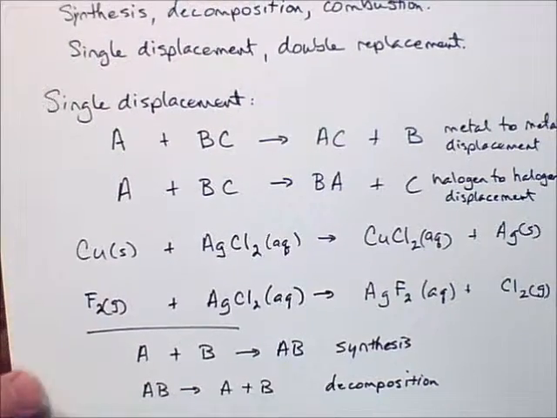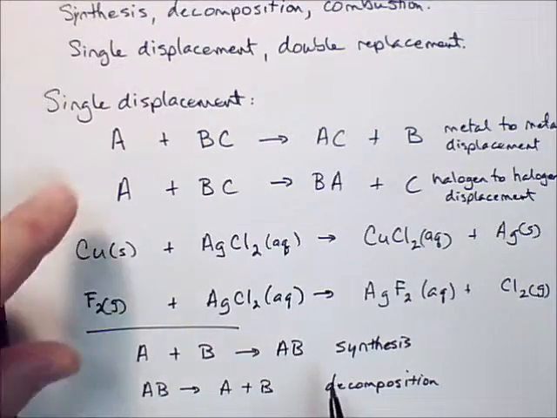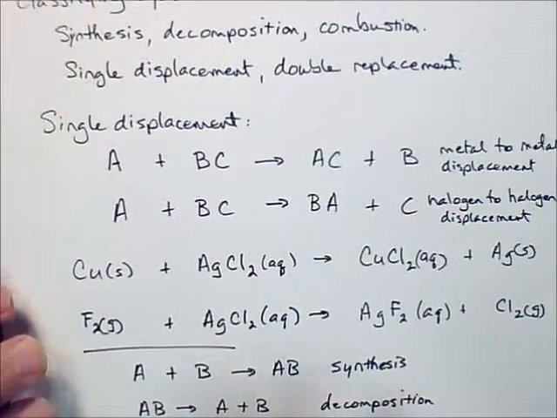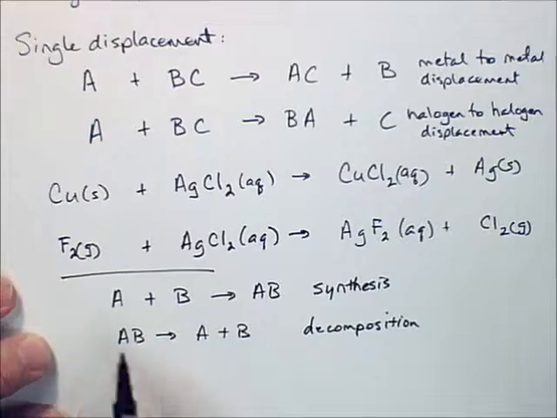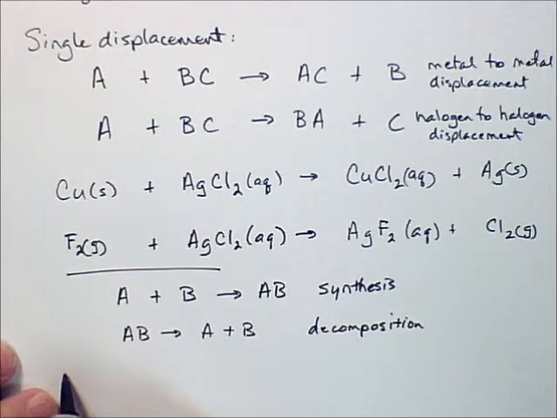Okay? We don't have a really good general formula for combustion. We're going to be using a simple type of combustion reaction where there will always be some kind of hydrocarbon. A hydrocarbon contains carbon and hydrogen.